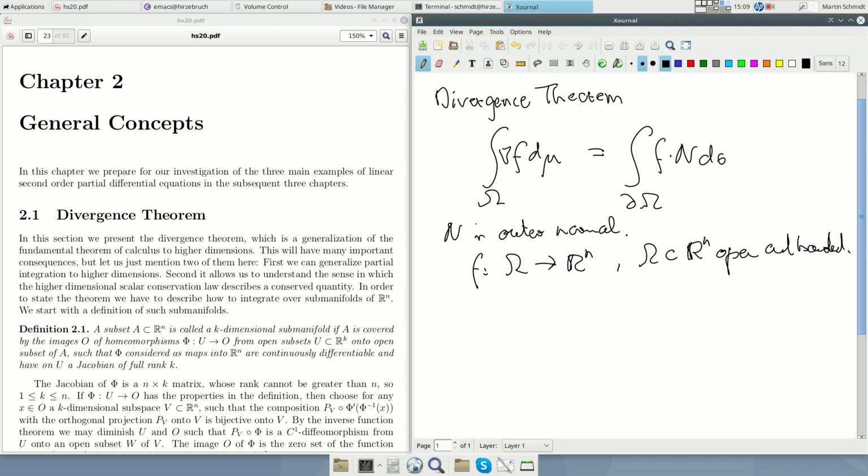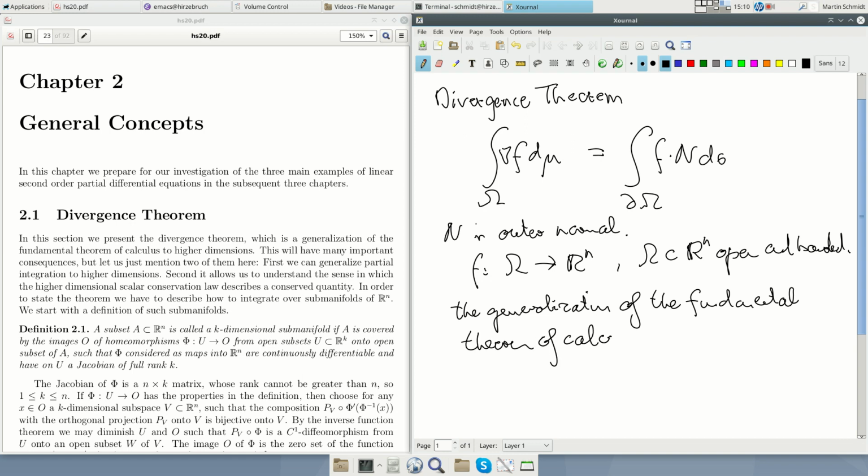This theorem should be considered as the generalization of the fundamental theorem of calculus to higher dimensions.